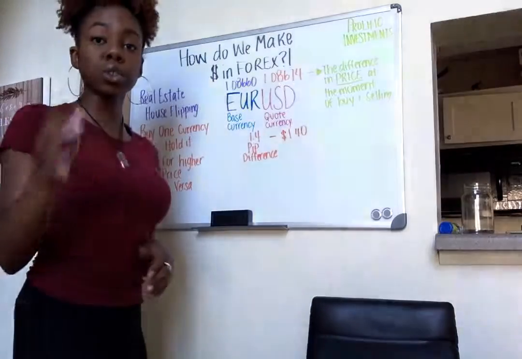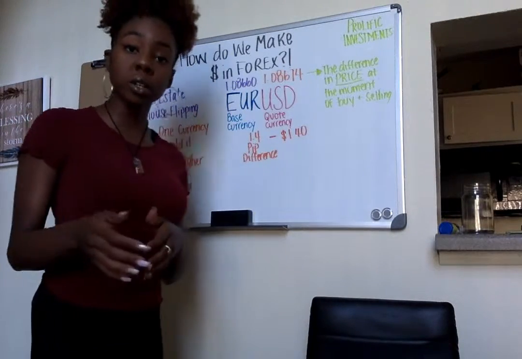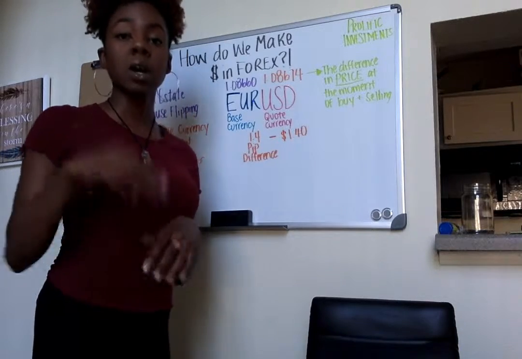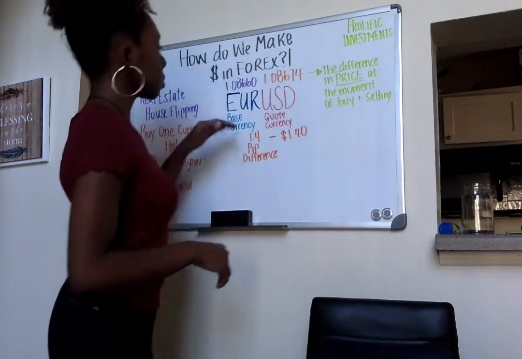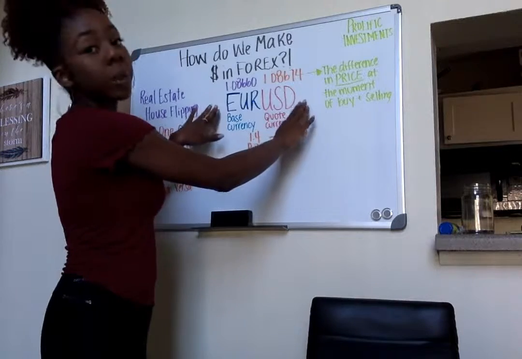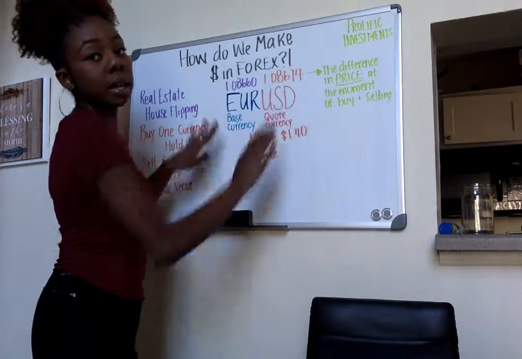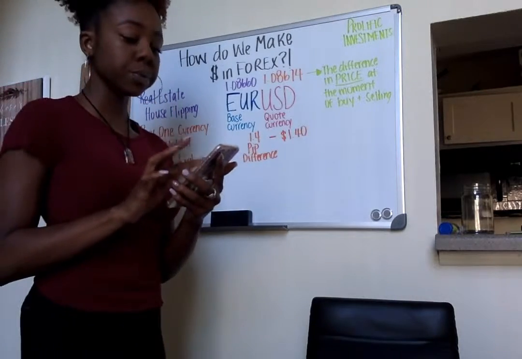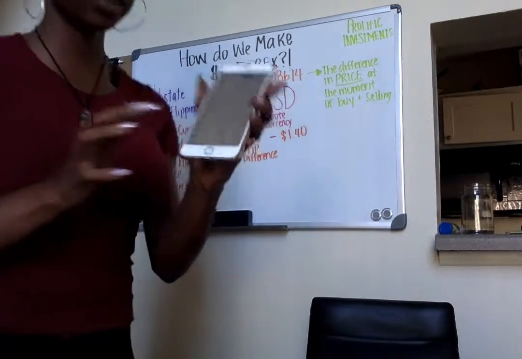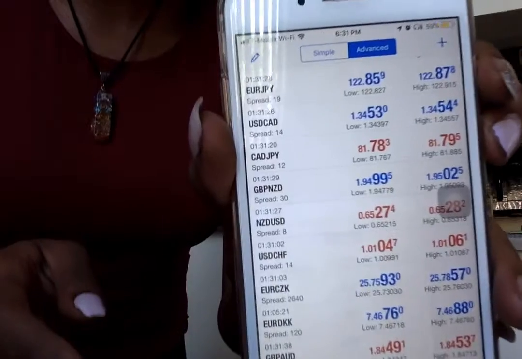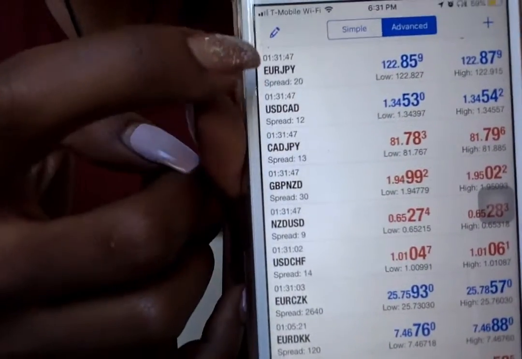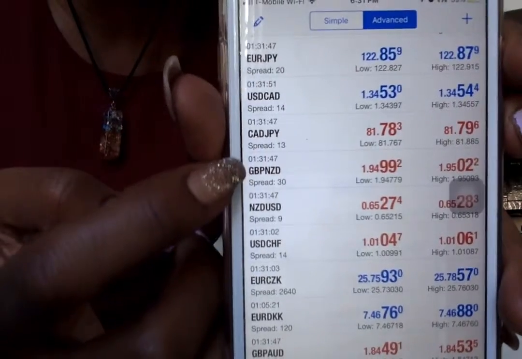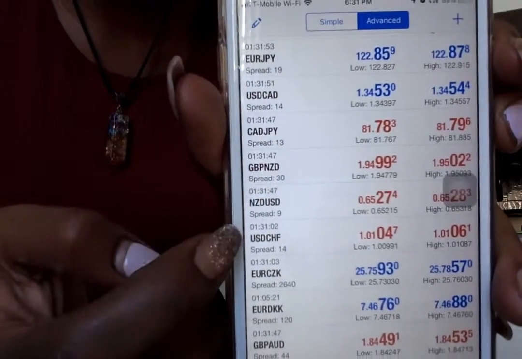I will also show you what it would look like on a chart in your MetaTrader 4, which I will also help you set up in a later video. So when you have your pairs, this is exactly what it would look like in your MetaTrader app. This is what the pairs look like: Euro JPY, Euro USD, CAD, JPY.